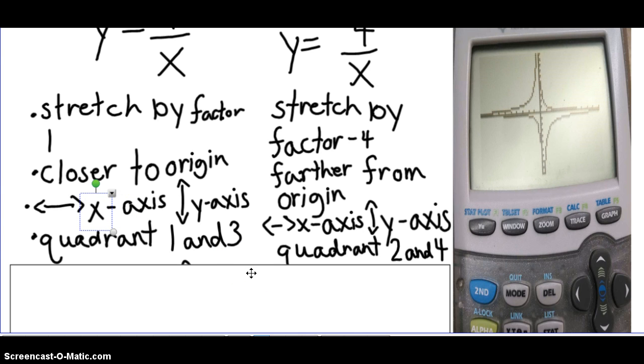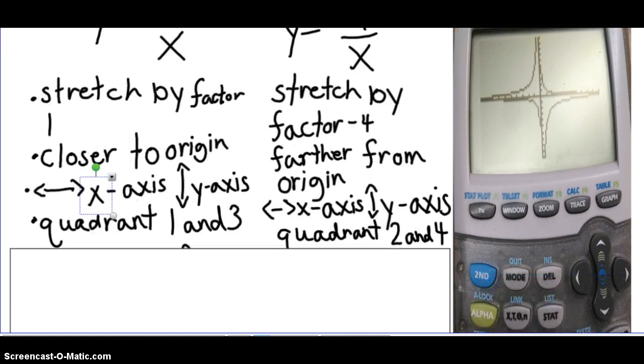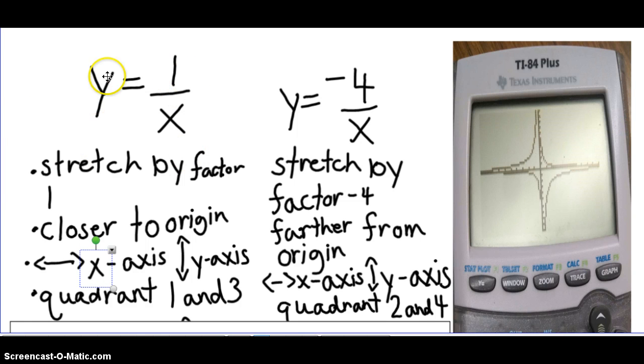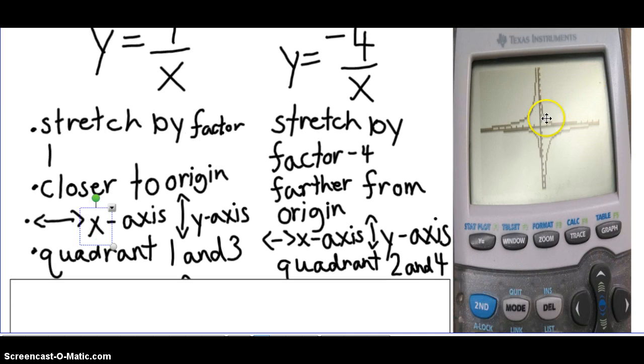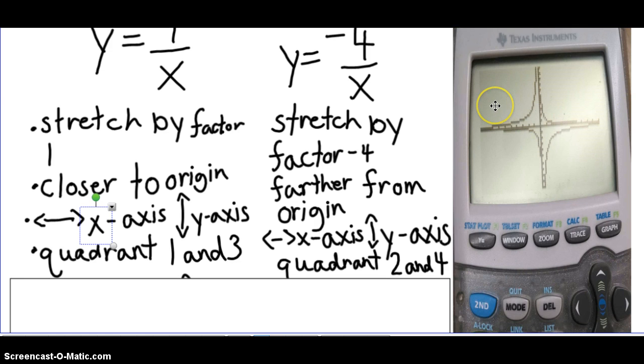And if it's negative, it'll be in quadrants 2 and 4, which you can see right here, y equals negative 4 over x. So y equals 1 over x is in quadrants 1 and 3, and y equals negative 4 over x is in quadrants 2 and 4.